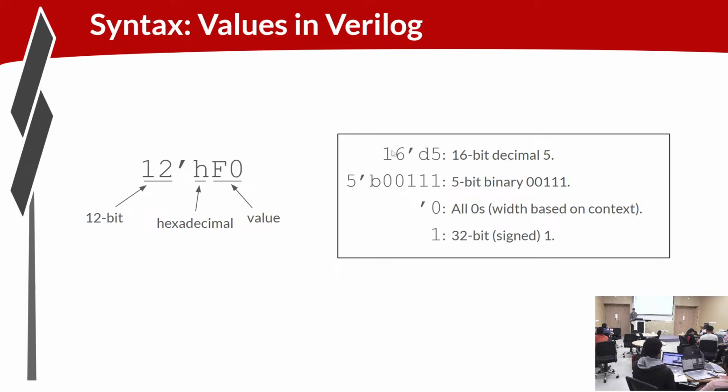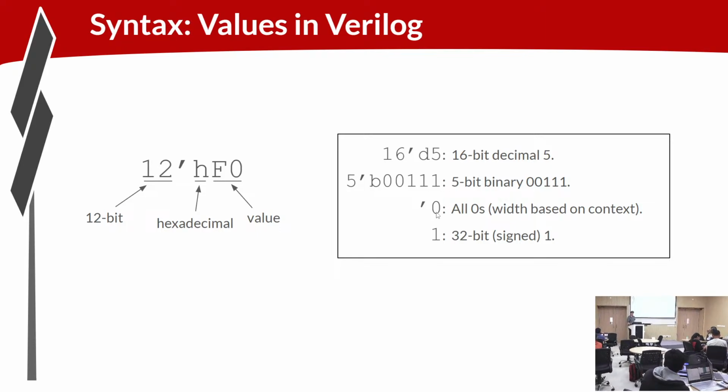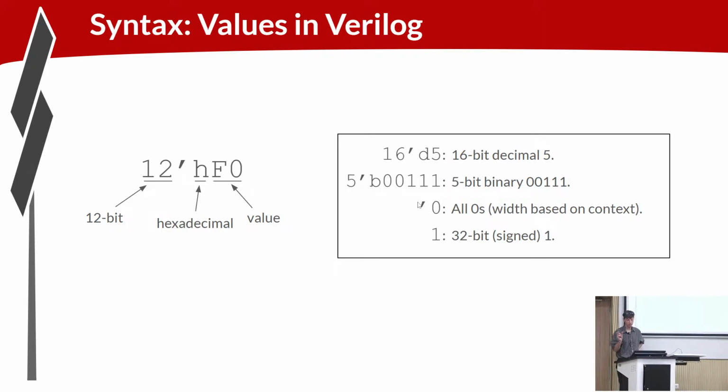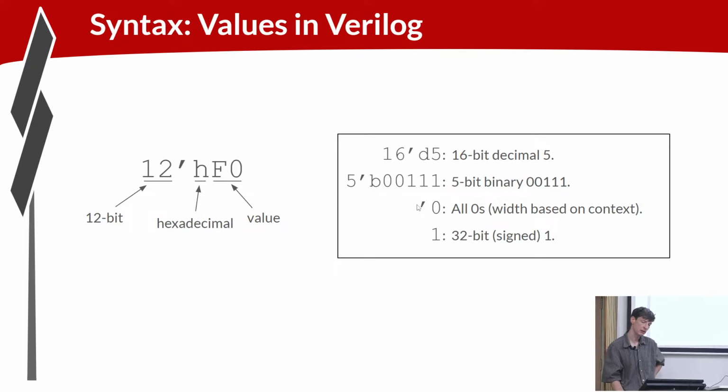So a couple more examples. We have a 16-bit value expressed as a decimal 5, a 5-bit binary 00111. You can omit the bit width if you're using 32-bit values. Sorry, that's not what this means. So a special syntax for tick 0, tick 1, which will give you a field of zeros or a field of ones.